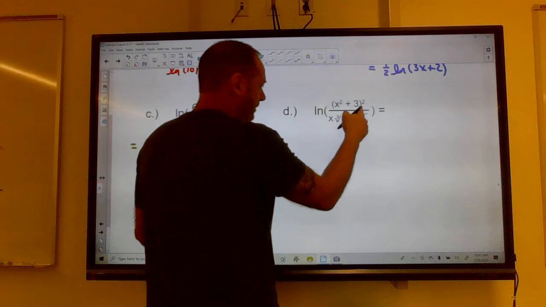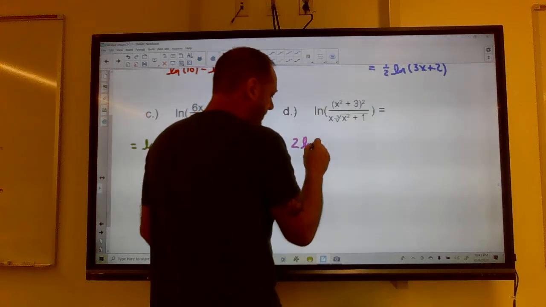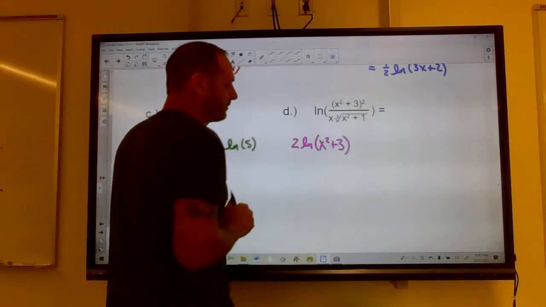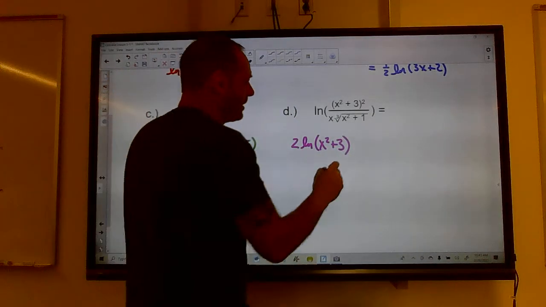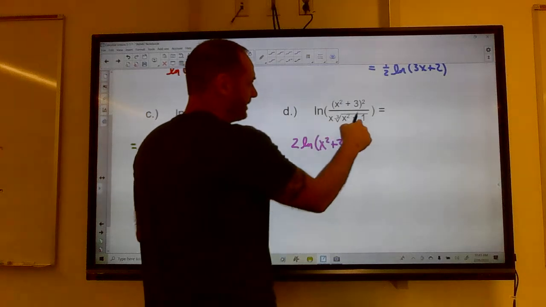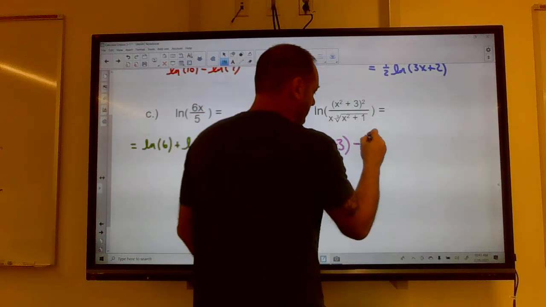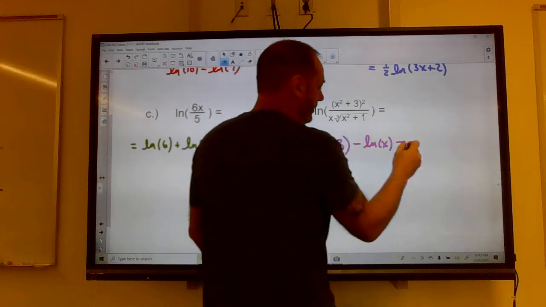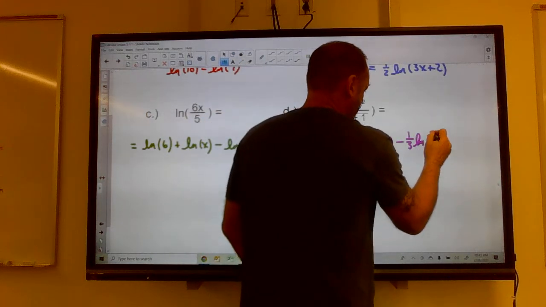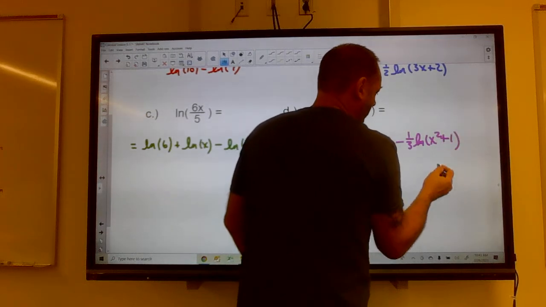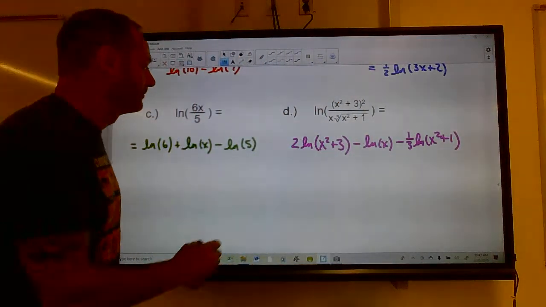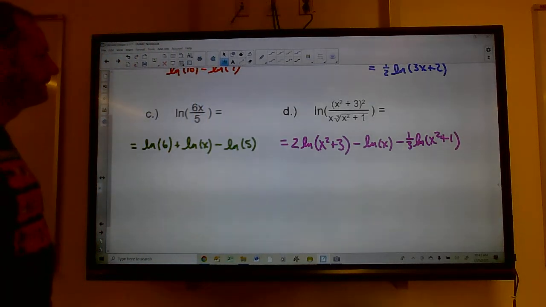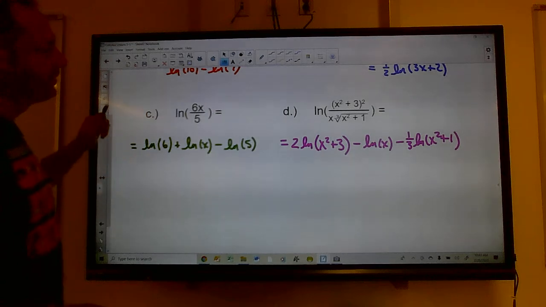We've got 2 natural log of x squared plus 3, which I can't break up because of the addition, minus, because this is being divided, everything down here has got to be minus, so this is the natural log of x, minus 1/3 the natural log of x squared plus 1, which I can't break up because of the addition. There's just a little quick review for you on expanding logarithms.